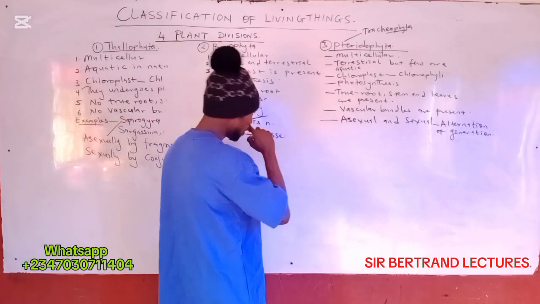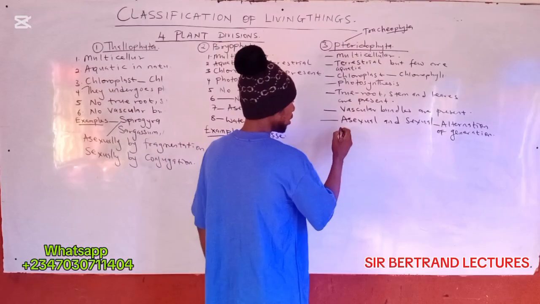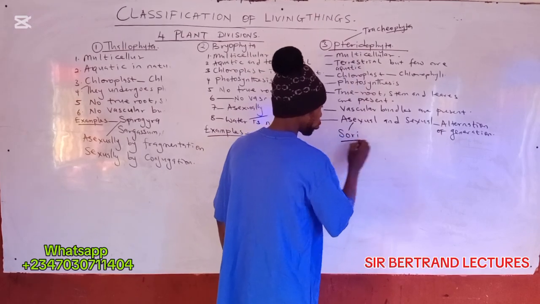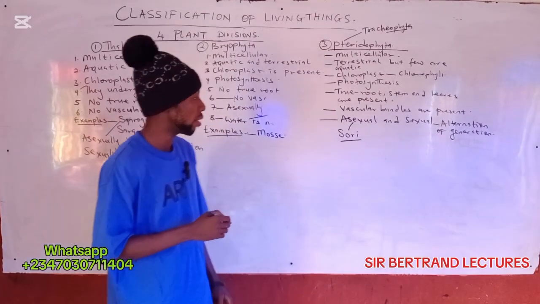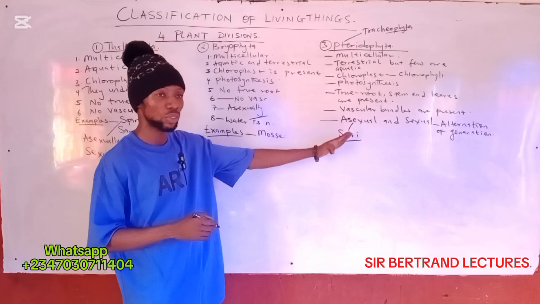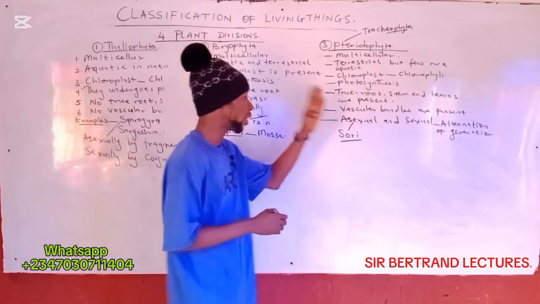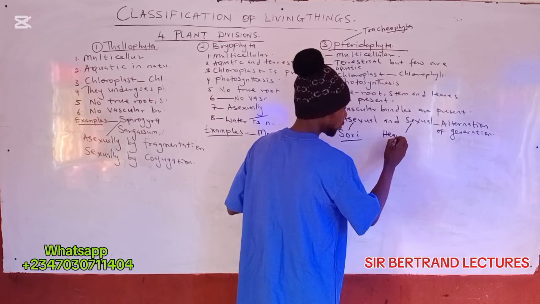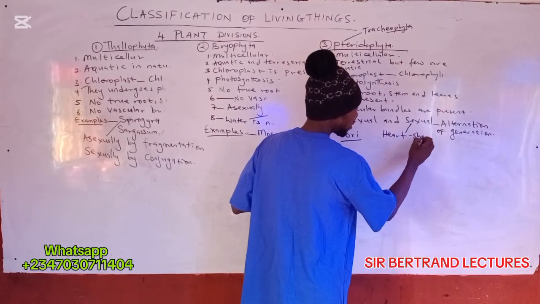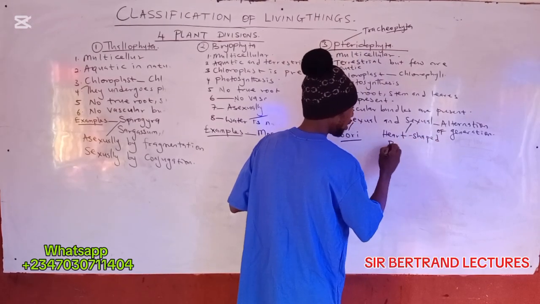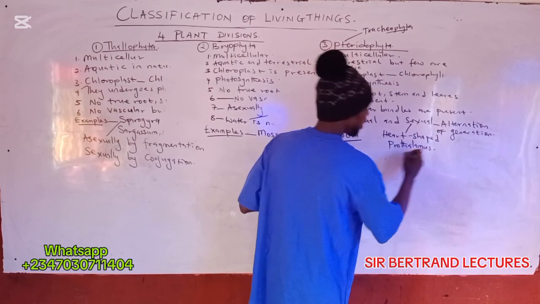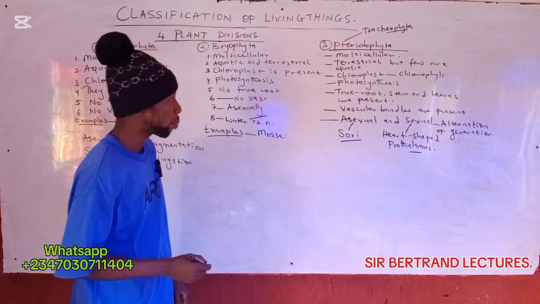Okay? Then the next is that for asexual reproduction, they make use of a structure known as sori. Sori is used for asexual reproduction to take place in Pteridophyta, and they make use of the heart-shaped prothallus to carry out sexual reproduction.